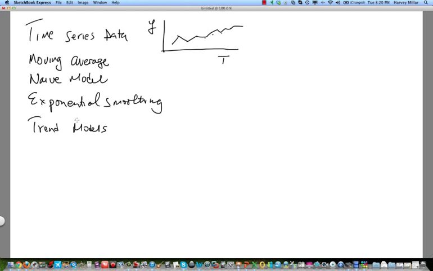Right? So these are all examples. And then we also have exponential smoothing with trend too. I'm just shortening this, with trend. And the reason for that is because the exponential smoothing model has a tendency to lag behind when trend is present.